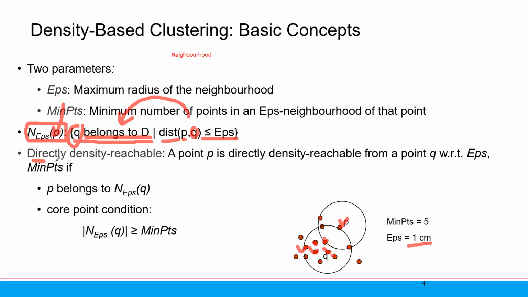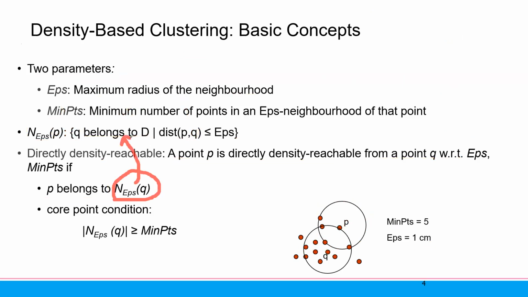We have the term directly density reachable. It means a point P is directly density reachable from a point Q with regard to, WRT means with regard to, the two parameters EPS and MinPts, if P belongs to N_EPS of Q. What is N_EPS? It is the neighborhood.